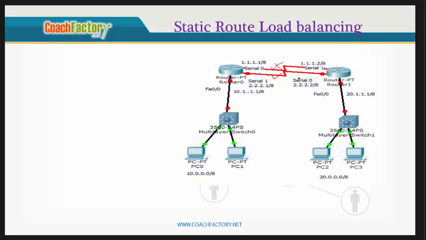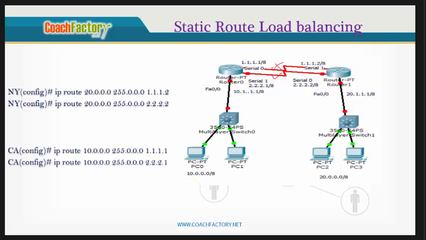So how can we configure load balancing using these multiple connections with static routes? We need to give these two static route entries.